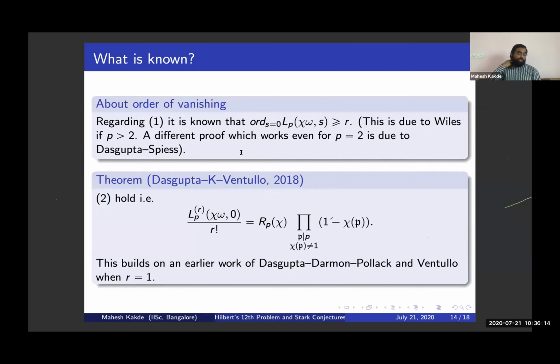So what do we know about this conjecture? About order of vanishing, we know that it's at least r. When r is 1, this is trivial, but when r is bigger than or equal to 2, this is quite non-trivial. This follows from Wiles's proof of the main conjecture, at least if p is bigger than 2. And then there's a completely analytic proof given by Dasgupta and Spiess that works even for p equal to 2. Yesterday in Professor Balasubramanian's talk, we heard about the six exponential theorem and four exponential conjecture.